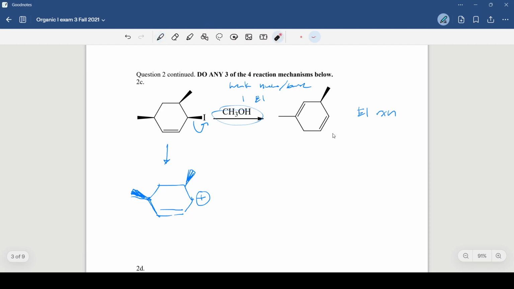So how can I get this double bond to look like this? What it looks like is that this double bond kind of moved over here through resonance. With these types of problems, it might be hard to see at first, but you're just going to have to get used to thinking, where can I move stuff? If I move this double bond here, we can move around the carbocation, and maybe we can use E1 to put the double bond where we want it to be. So first, we're just going to do resonance.